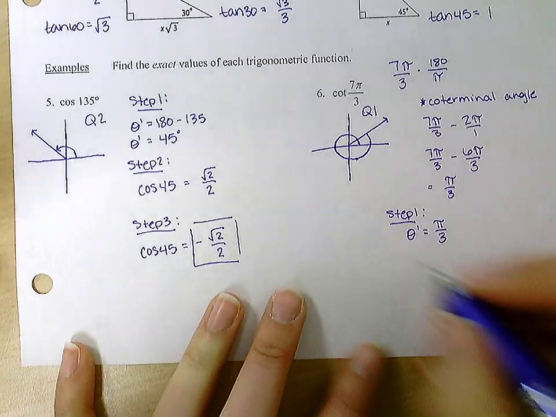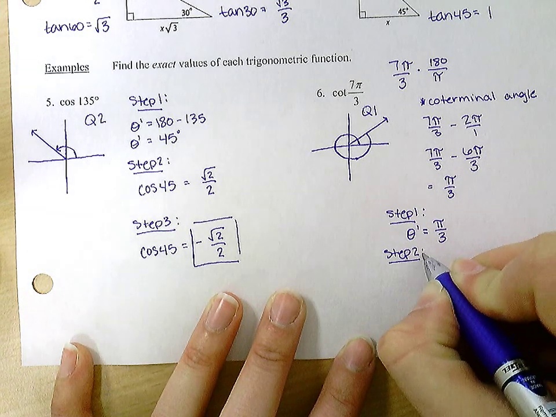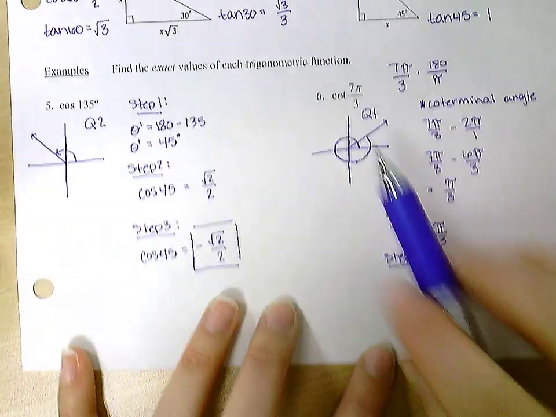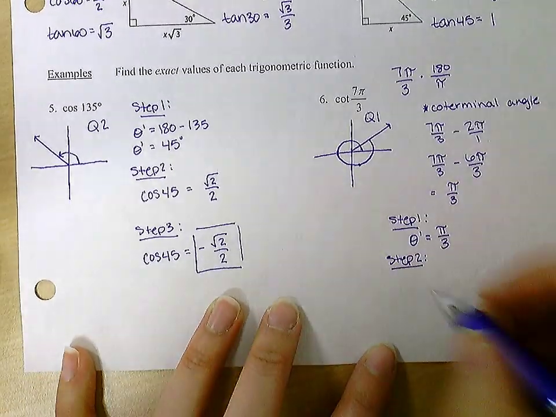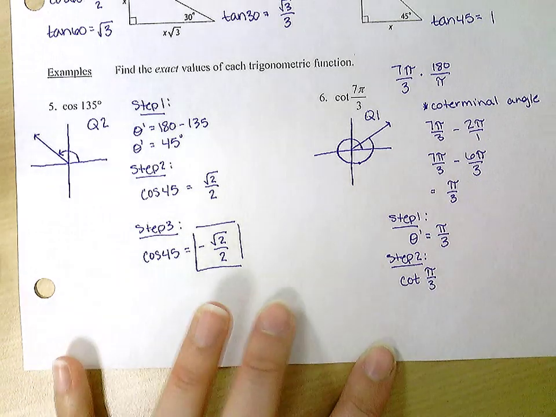Okay, step 2 is to evaluate using your reference angle. So we are taking cotangent of pi over 3.